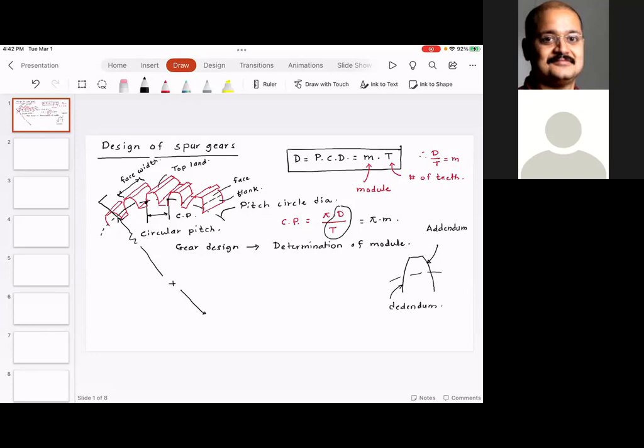If you have a circle of diameter that passes through the top of the tooth, it is called the addendum circle. If you have a circle that passes through the bottom, this is called the dedendum circle.